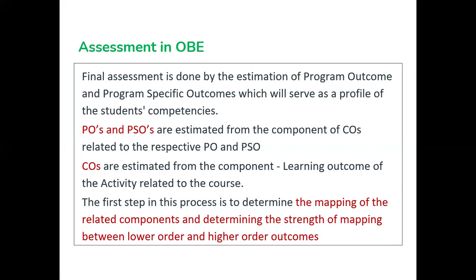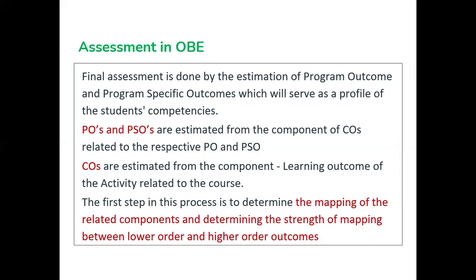The POs and PSOs are estimated from the component of COs related to the respective PO and PSO. So we will be calculating the attainment of COs, and from course outcome attainment, we can calculate PO attainment and PSO attainment. COs are estimated from the component learning outcome of the activity related to the course.